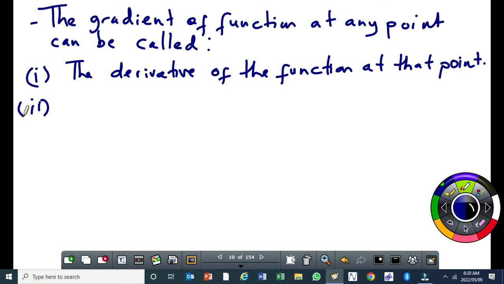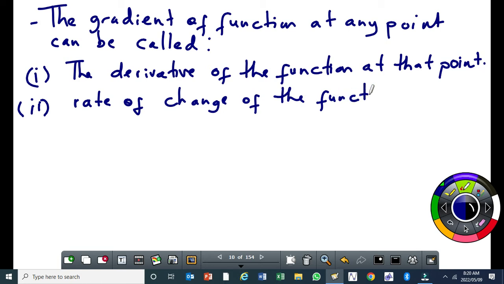Okay, so the gradient of a function, here we are talking about a nonlinear function, at any point is called the derivative of the function at that point. It is also called the rate of change of the function at that point.